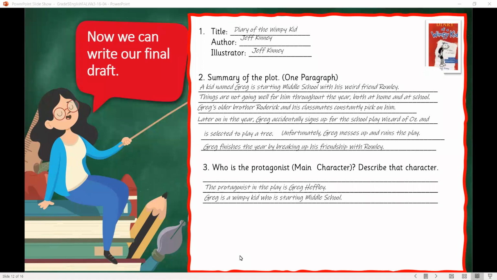Okay, Pearl, I see you done. Good. But remember, it's not a race, guys. Okay. And those of you that are done, did you remember your capital letters and did you remember your full stops? Oh, someone took a picture. Please send it to us. I'll give you the site at the end, okay?